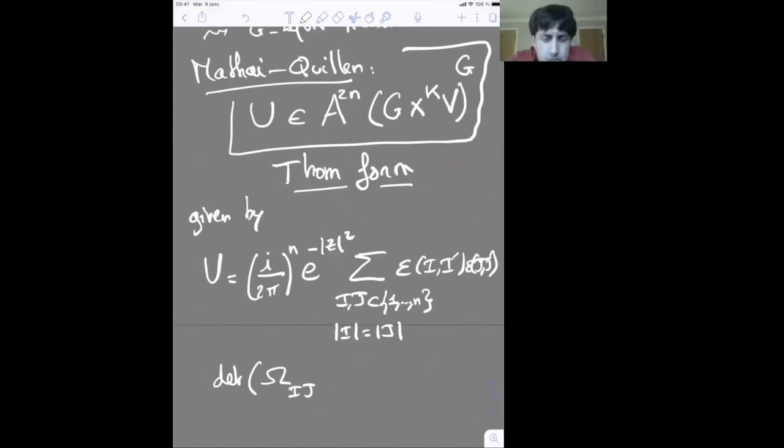So omega is the curvature form, so it is an element of the endomorphisms of K. So it's a matrix, and you can take the determinant of the partial matrix determined by I and J.